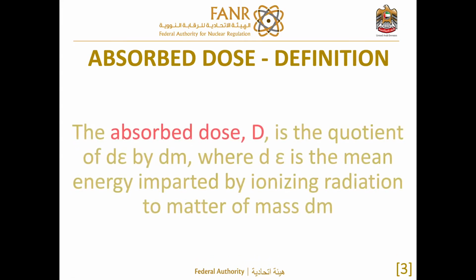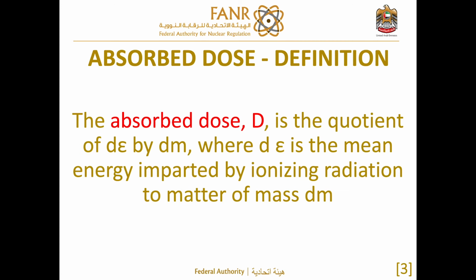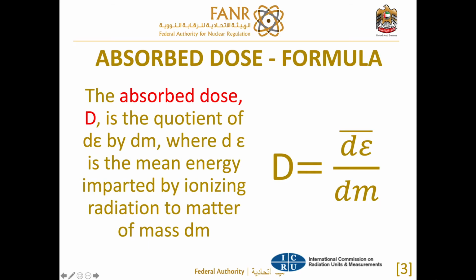The formal definition is this one. Absorbed dose D is the ratio between the mean energy imparted by ionizing radiation to a mass dm of material. The definition is written this way, with this formula, by the International Commission on Radiation Units and Measurements.